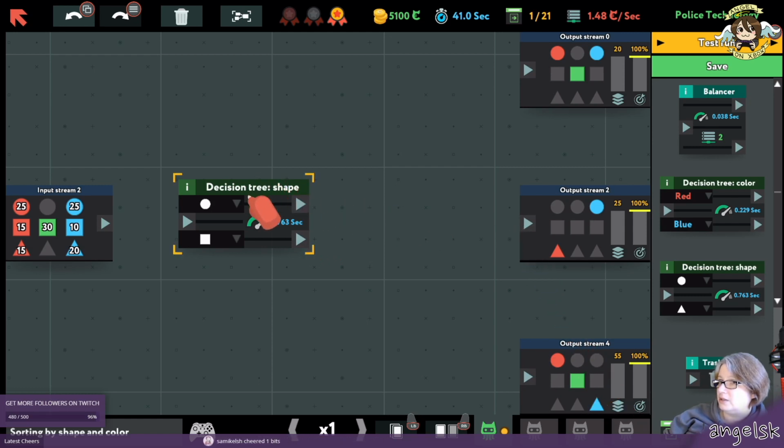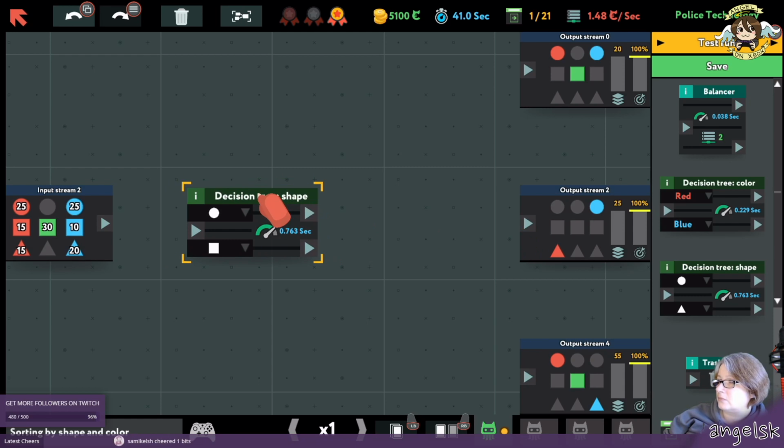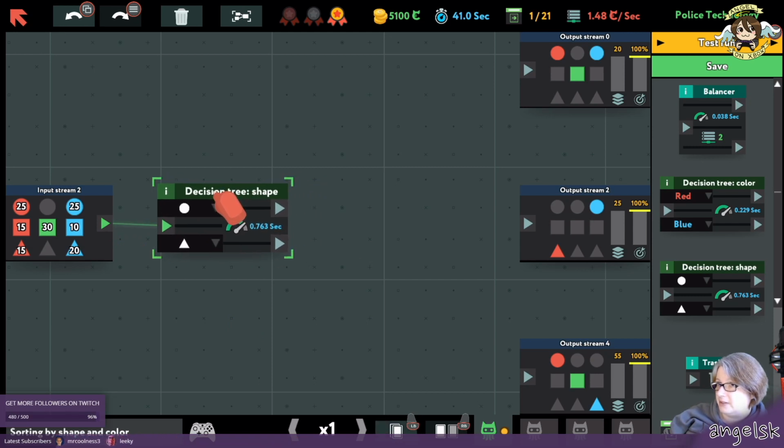Triangles go down here. Circles are sort of split. We need 55 at the bottom, 30 of which could be a green square. If we split circles and triangles, we're going to need to duplicate some and balance it.